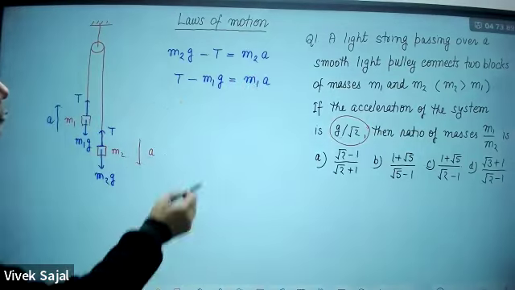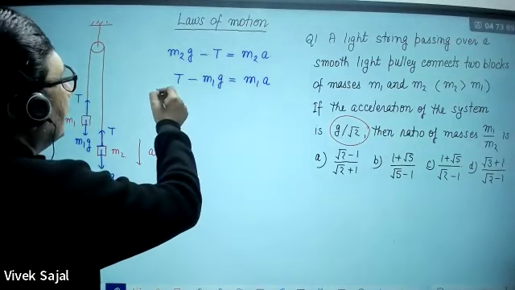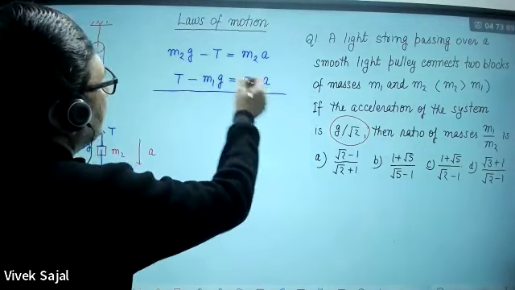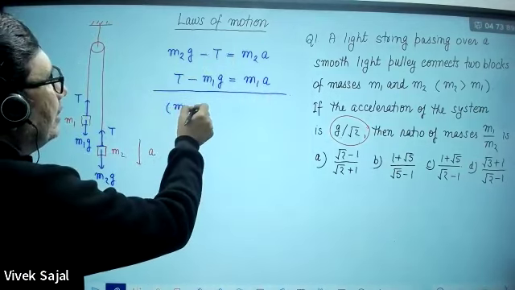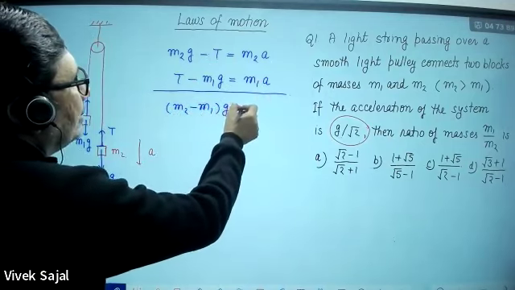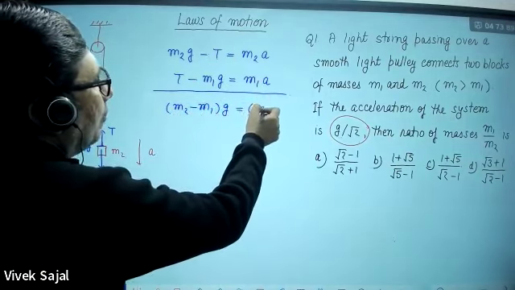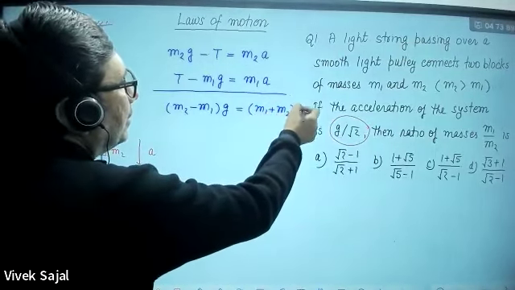So now add both these equations. On adding these two equations, the tension is going to cancel out. And this will be (m2 minus m1) into g, and this will be equal to (m1 plus m2) into a.